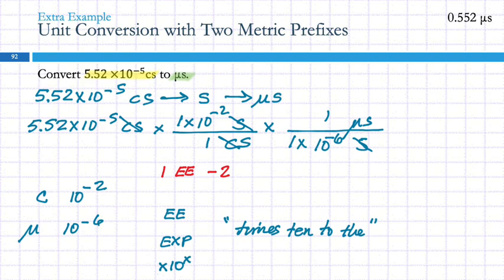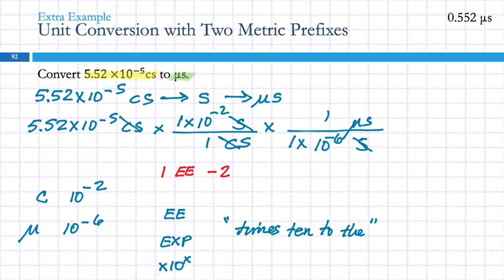Now my calculator has an EE button. When I press EE, it only shows me one E, which makes some people think, well, it's supposed to be EE, I need to do that again. No, it's just one. And your calculator is going to display this to you differently depending on what kind of calculator you have.